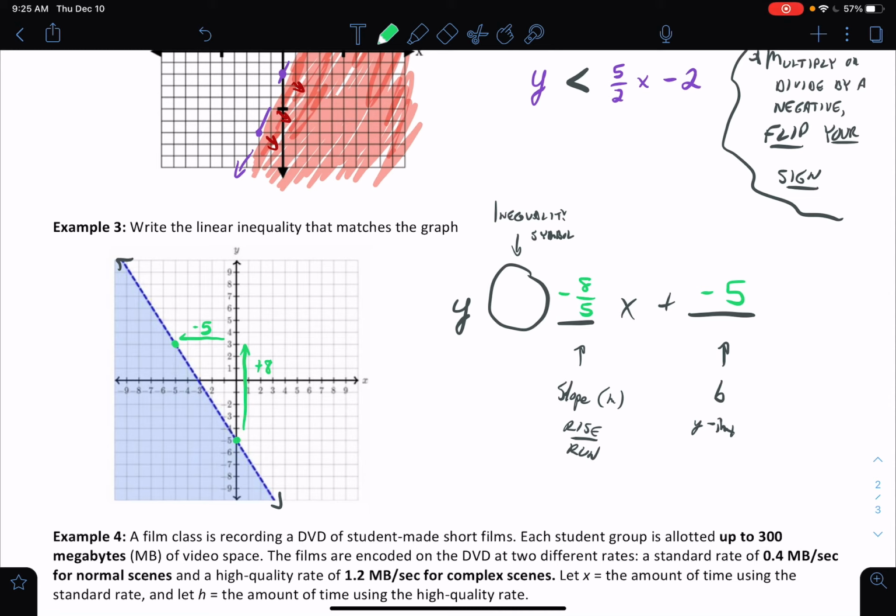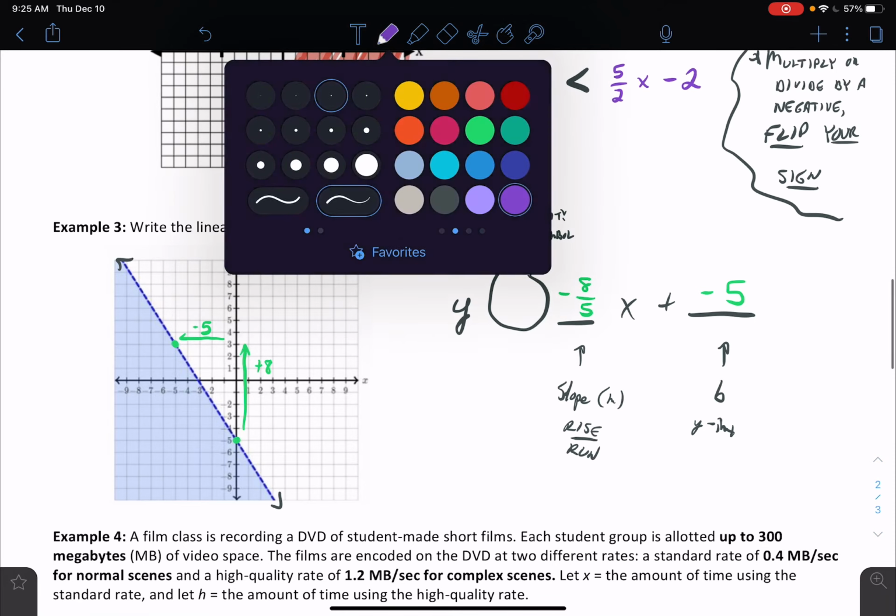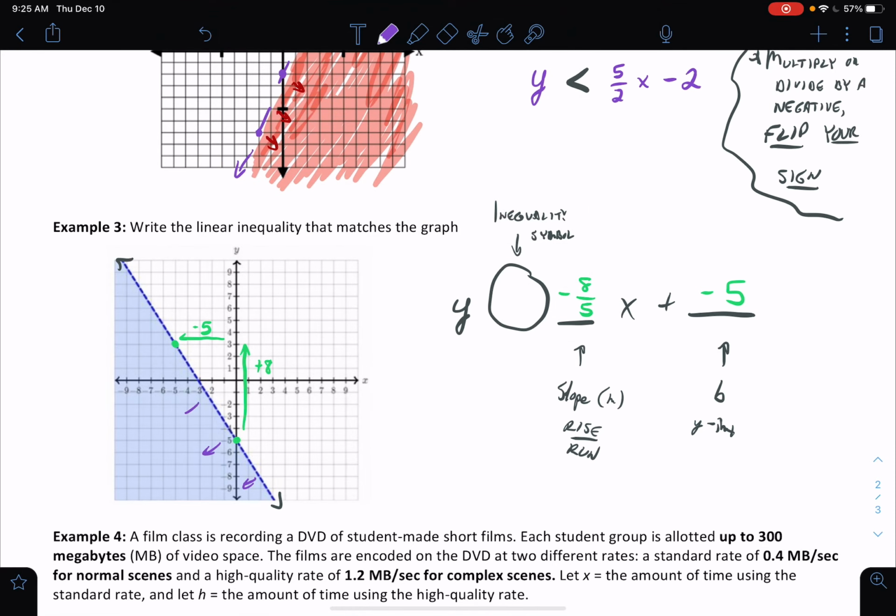Okay, so we've got our y-intercept, our b value. We've got our slope. Now we need to figure out, what am I going to shade? What inequality symbol do I have here? Well, notice how we're shading below the line. So we shade below.